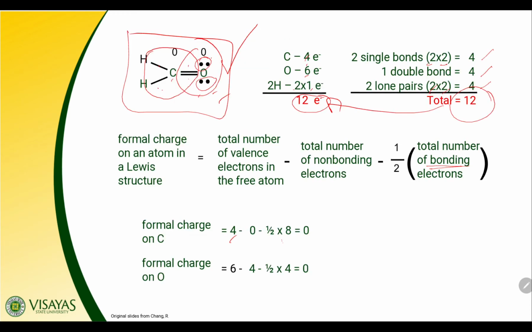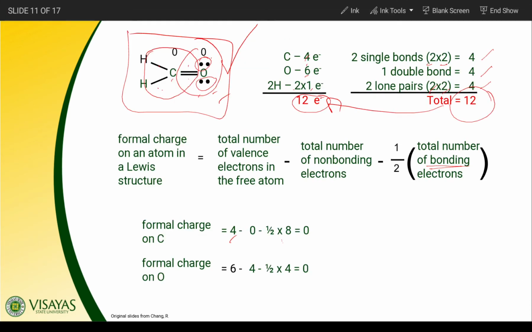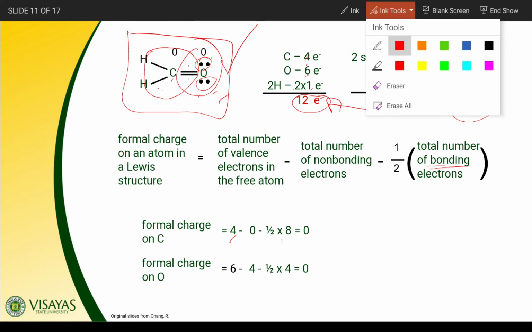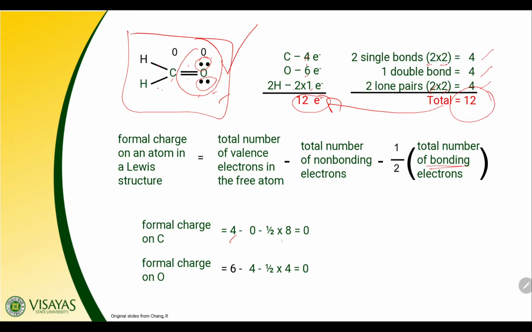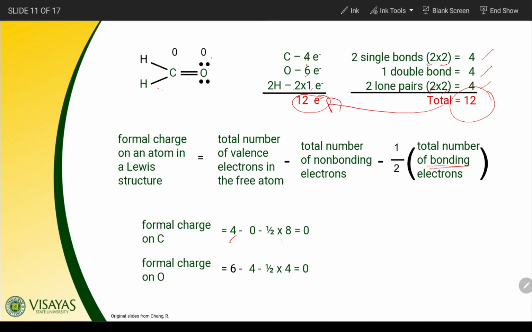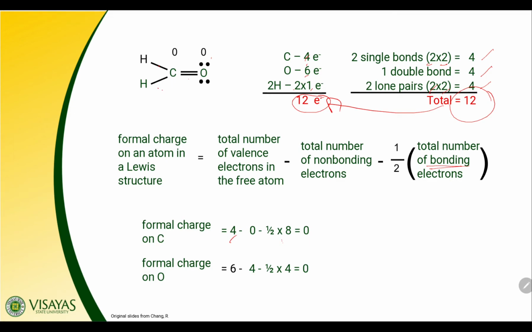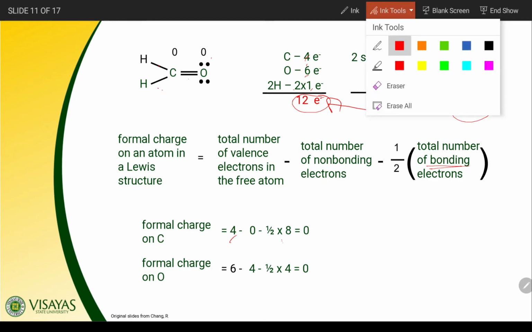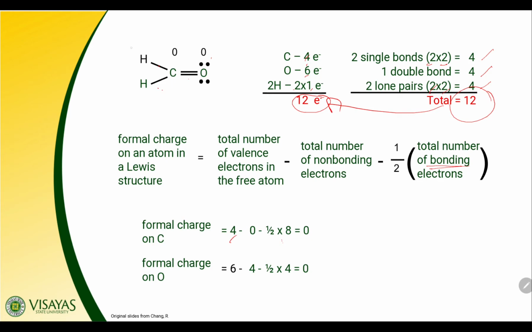So therefore, oxygen has no formal charge in this structure. For hydrogen, it's still 0, and for the 2 hydrogen atoms, the formal charges are 0. If you can see one bond for hydrogen, automatically, that's 0 formal charge.